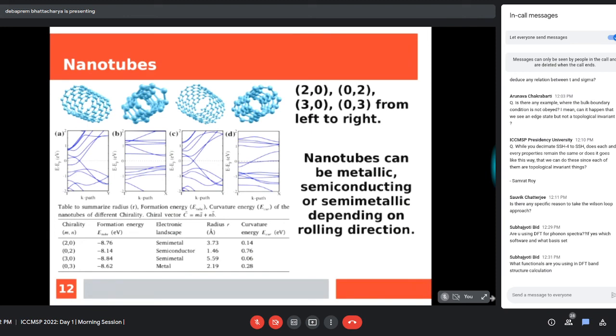But the interesting feature is that for (2,0) and (3,0) chirality, the material remains semi-metallic, for (0,2) it becomes semiconducting, and for (0,3) it becomes metallic. So depending on the rolling direction, nanotubes can be semi-metallic, metallic, or even semiconducting. And the curvature energy is found to decrease with an increase in the radius of the tube.